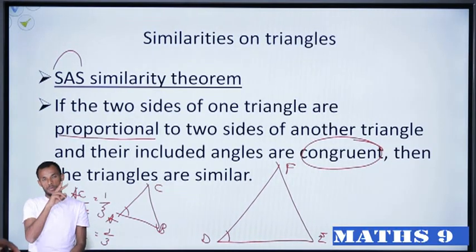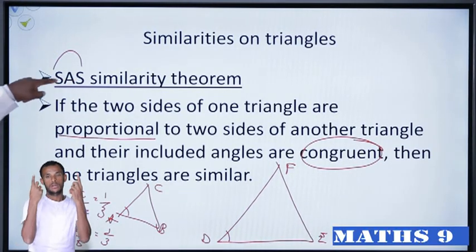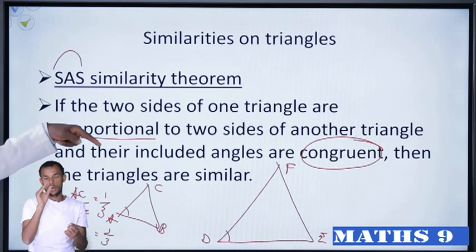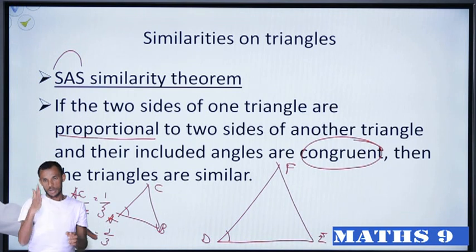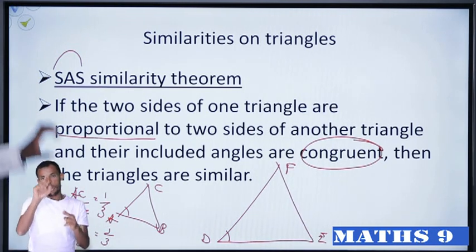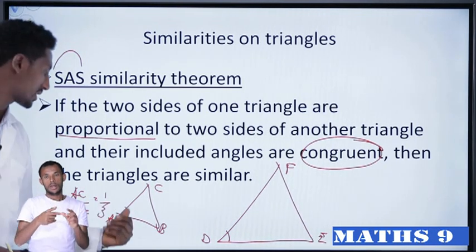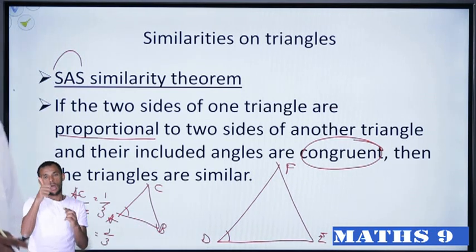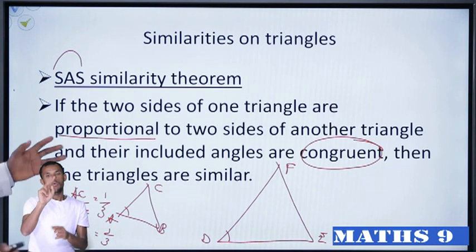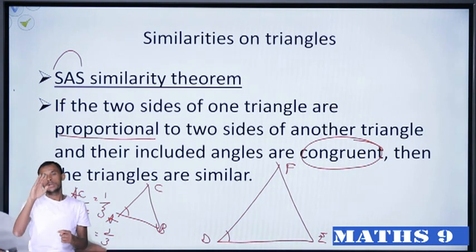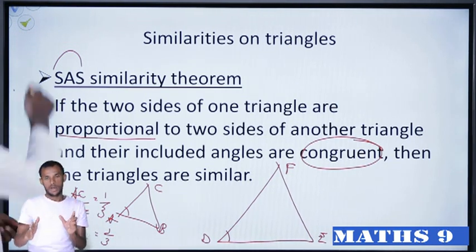So here we can understand the two sides and the included angle. The two sides must have the same ratio. According to our example, it's 1 over 3. And angles in corresponding position, that's A, is congruent with D. So you can prove any two triangles are similar by side-angle-side similarity using this idea.